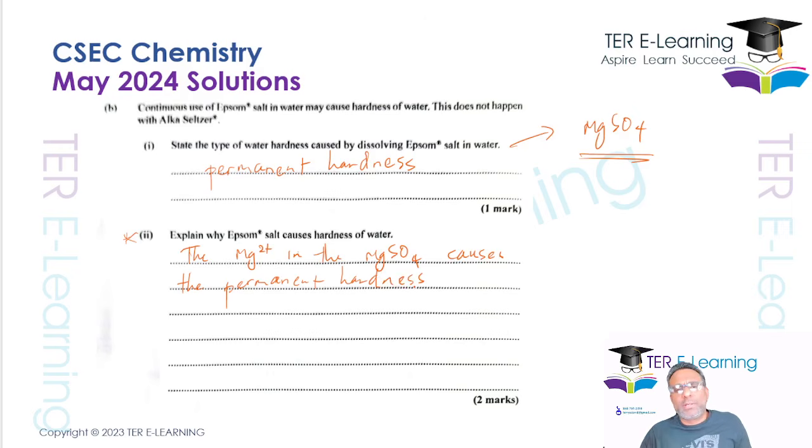Right. Now the thing is, this permanent hardness here, we can't boil the water to remove the hardness, right? You can't boil the water to remove it, right? That can only happen with temporary hardness. I'm just trying to figure out what else they want here for 2 marks. I find this is not enough for 2 marks. The Mg2+ in the magnesium sulfate causes permanent hardness, right?